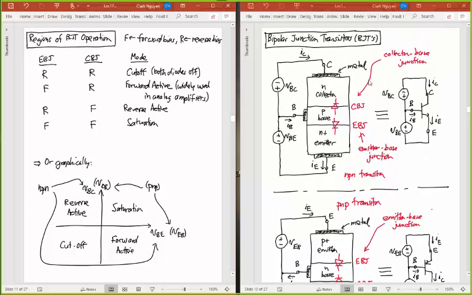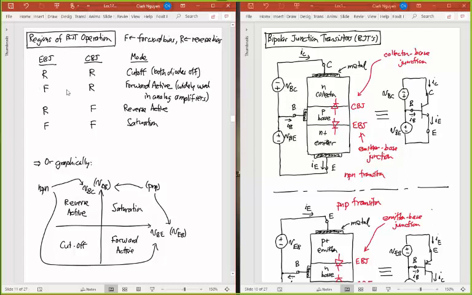So back up to the NPN transistor up here. I can apply different types of voltages across the base to collector and the base to emitter. And if I think of each of these junctions as diodes, I can think of either forward biasing or reverse biasing each of these diodes. I've got two diodes.